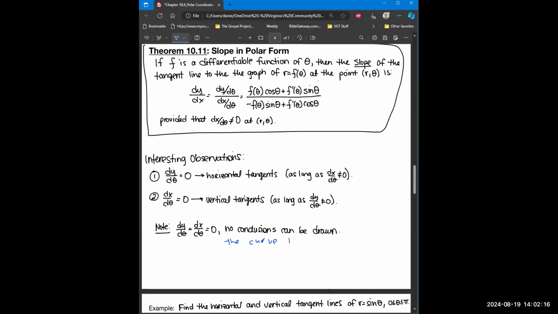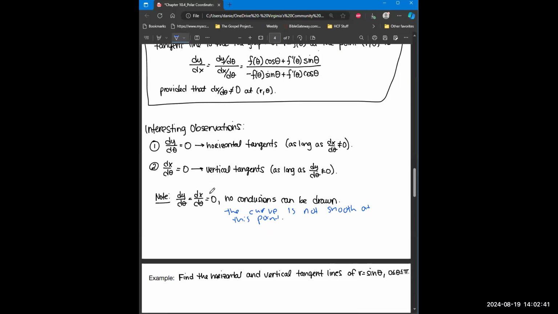The curve is not smooth at that point, because this is really the formal definition of a smooth curve. If we define it parametrically, and I forgot to do this last time, I think, a smooth curve has to be able to be broken down into x of t, y of t, with dx dt and dy dt not both equal to 0 at the same time.